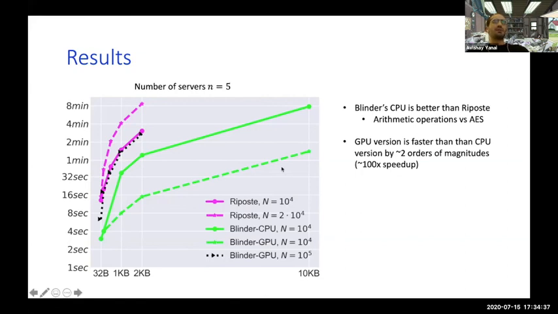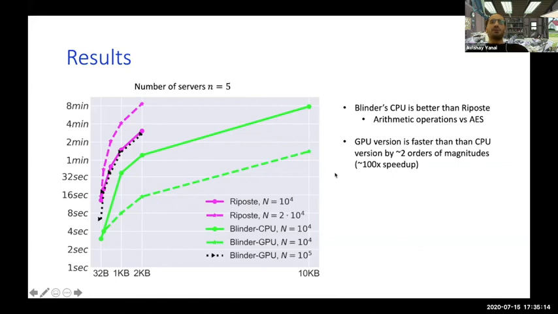But Blinder runs, in this example, by 5 servers and has both guarantees. Now, as you can see here, Blinder's CPU version already outperforms that of Riposte. And the reason may be that the vast majority of the operations in Blinder are simple finite field arithmetic, whereas in Riposte, most of the operations are AES, which require more CPU cycles on average per byte.